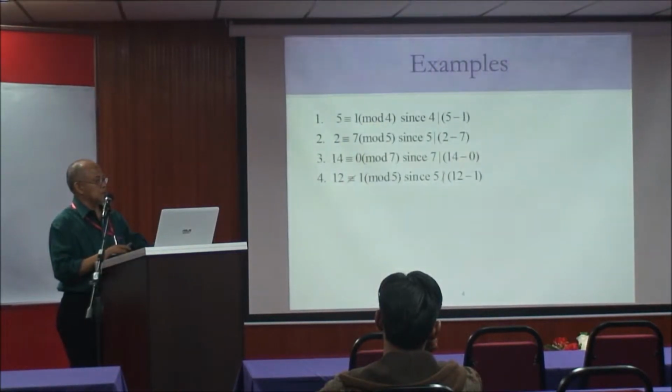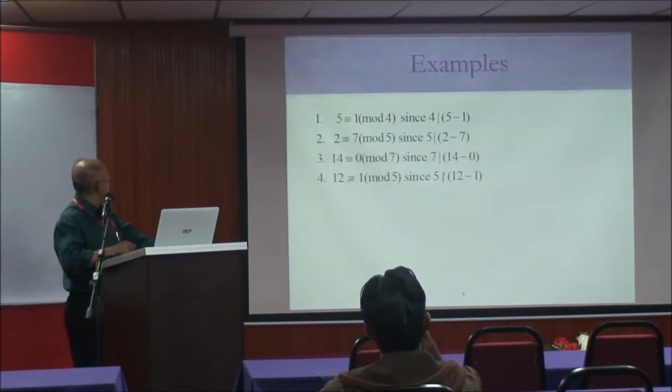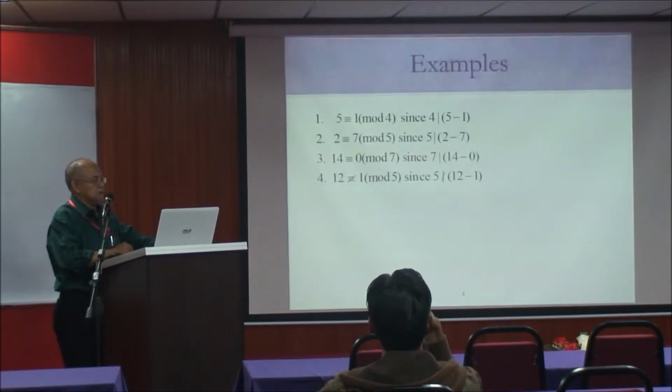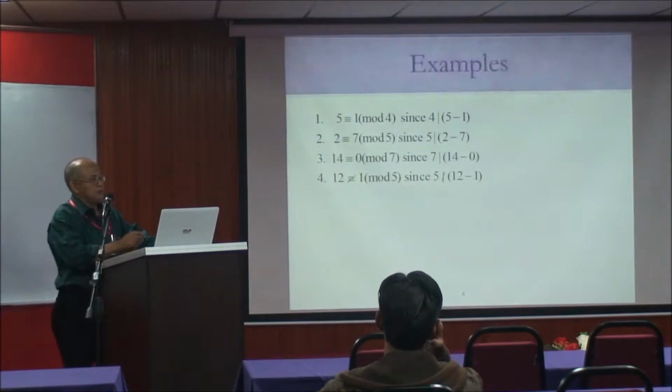Okay, let's look at some examples based on the definition. If you have two integers, 5 and 1, and M is equal to 4, we can say that 5 is congruent to 1 mod 4, since 4 divides 5 minus 1. Then the second one, 2 is congruent to 7 mod 5, since 5 divides 2 minus 7.